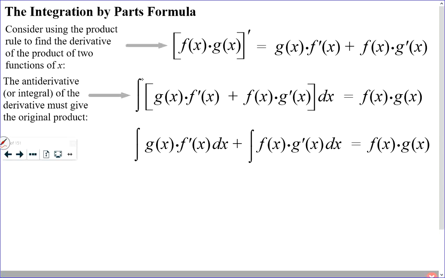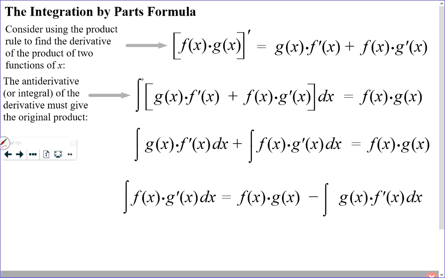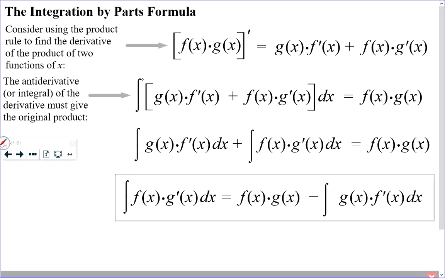And I know as a student you go, what's going on here? Why are we doing this? You will find out again as the lesson proceeds. I'm going to choose to rearrange that for the integral of f of x g prime of x. And I get that, and this is the integration by parts formula.